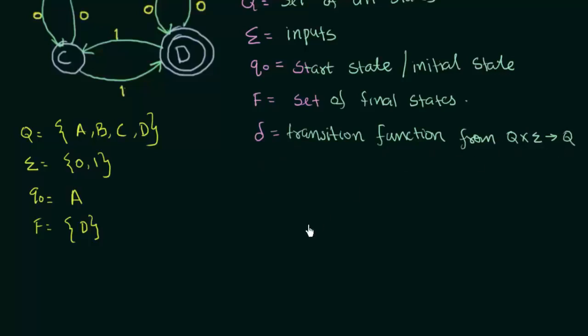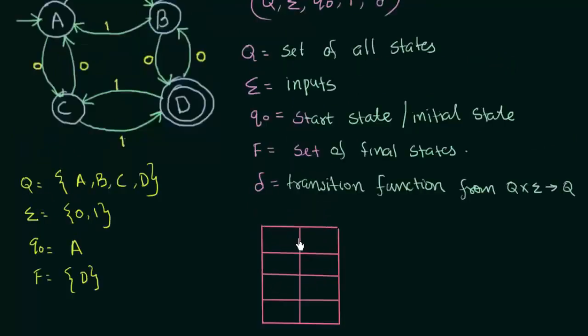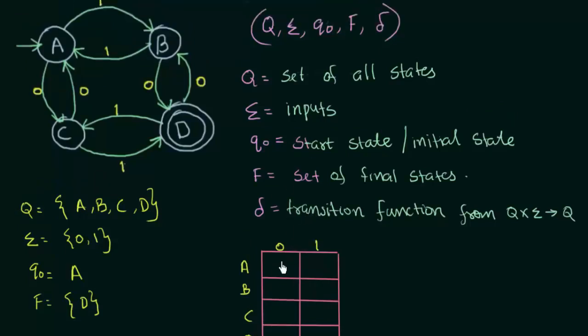To demonstrate this, let me take a table. I'll use this table to explain del. The top part will be my input, 0 and 1, and I'll have my states A, B, C, and D here. Now let's see what this means.